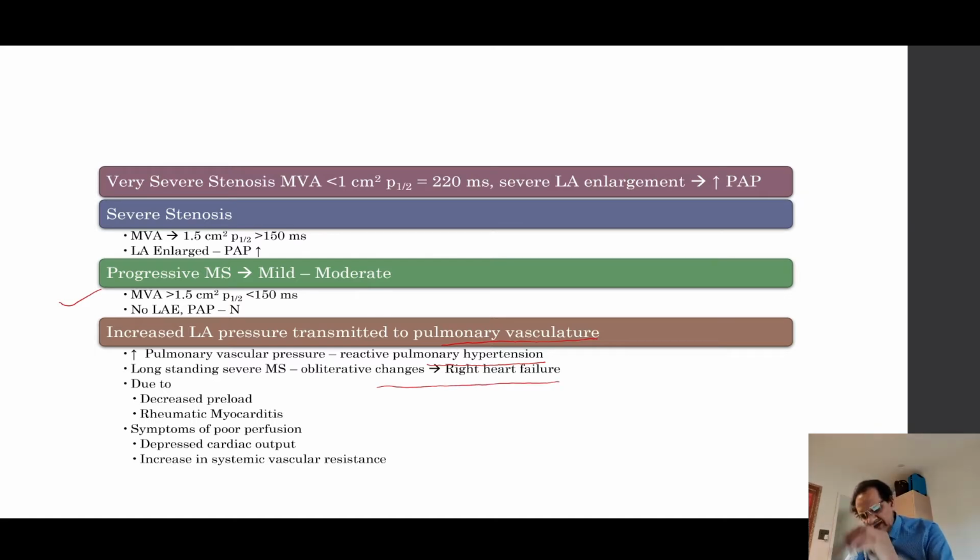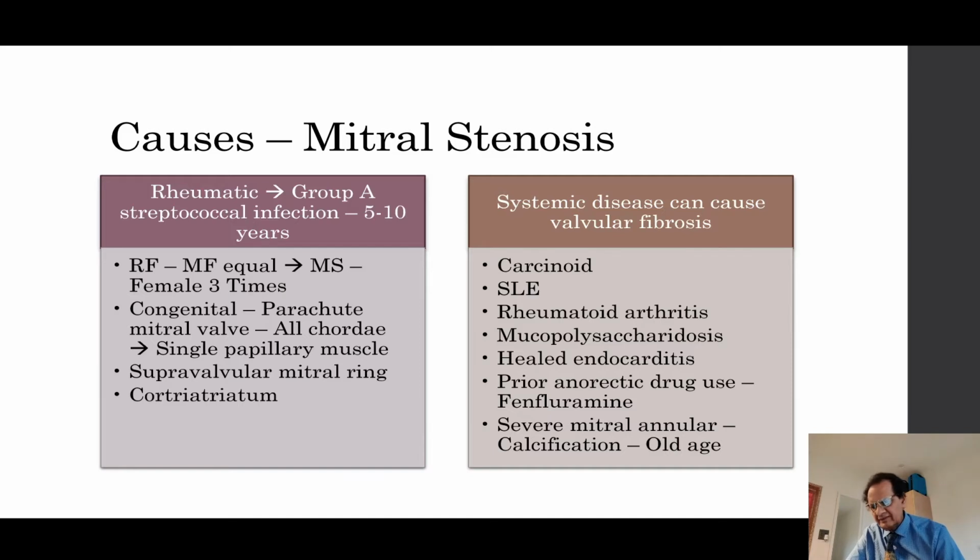This hemodynamic sequela has to be remembered. There is decreased preload because of the stenosis, and myocarditis is also there. So the symptoms of poor perfusion will be there because of the reduced cardiac output and the increase in systemic vascular resistance, like malar flush and all those things.